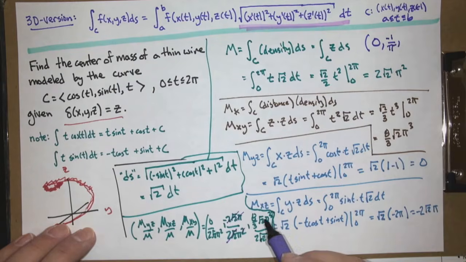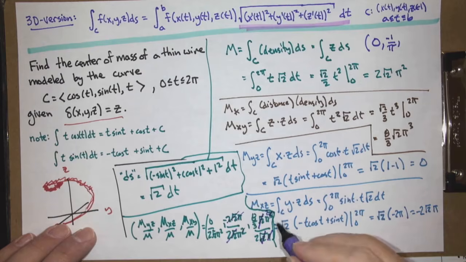And here we have a root 2. That cancels. We get one of our pi's to cancel. So there's a pi squared left upstairs. And let's see, what else do we have? Oh, wait, I get 2 of the pi's. There's a pi squared here. So there's just 1 pi left upstairs.